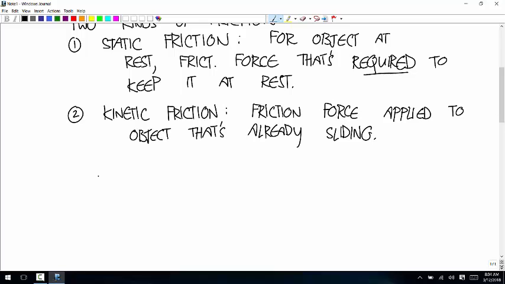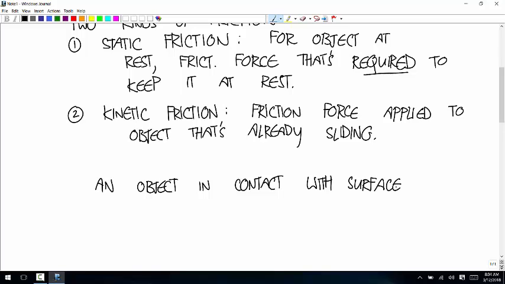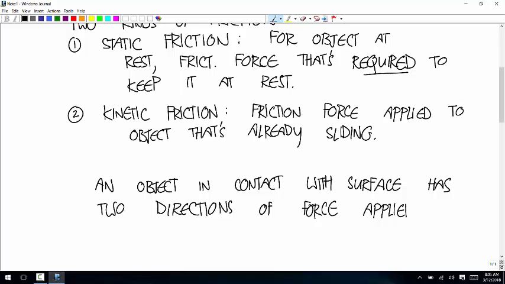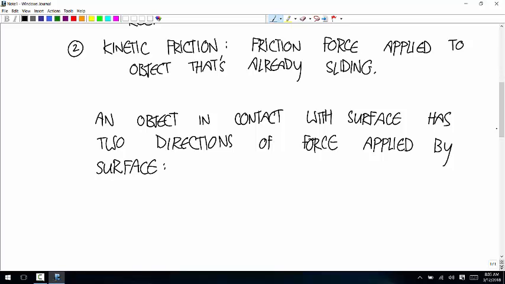Okay, so for both of these, an object that's in contact with a surface can have, in general, two directions of force applied by the surface. We know that there's a force perpendicular to the surface.